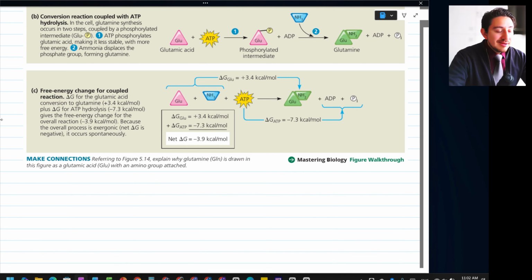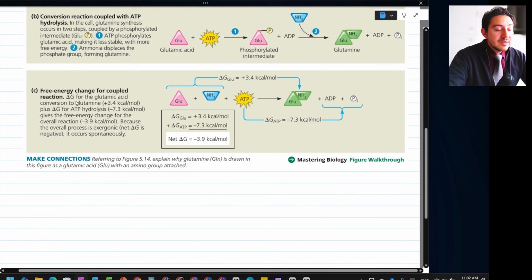So, free energy change for coupled reactions: the delta G for glutamic acid to glutamine, which initially was 3.4, plus the delta G of ATP hydrolysis, which is negative 3.7, will give you a net delta G of negative 3.9. Because it is exergonic, it will now occur spontaneously.